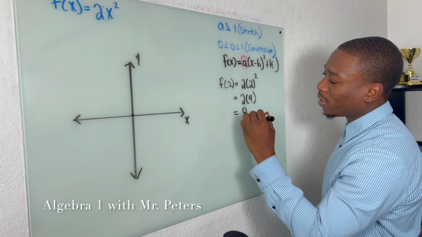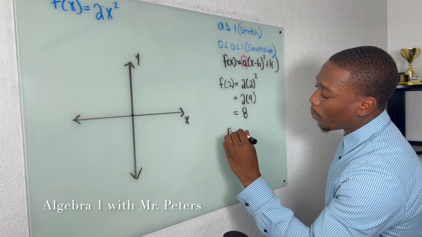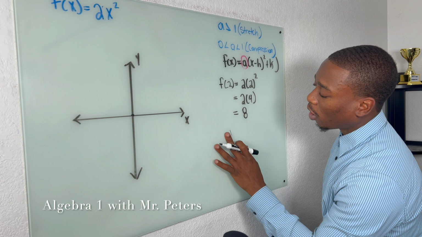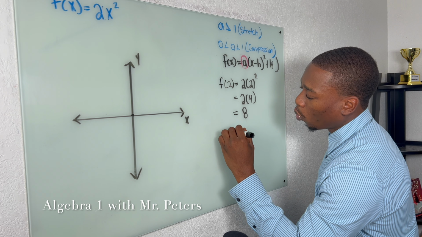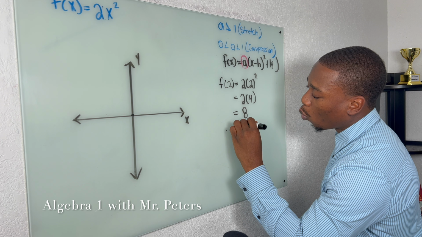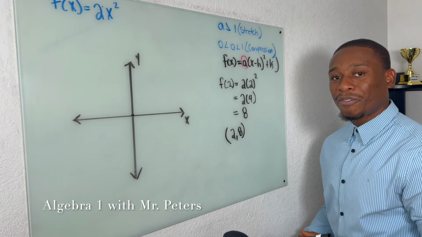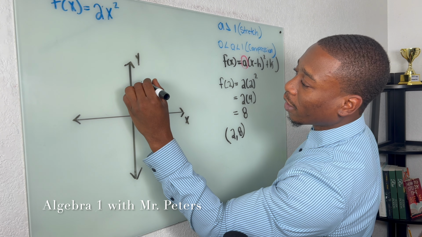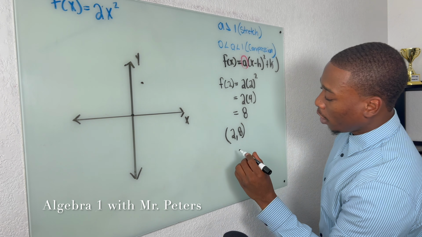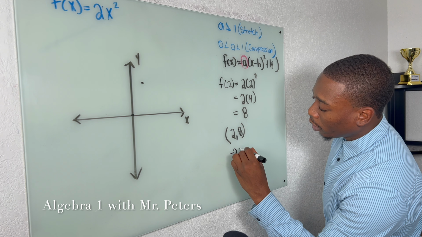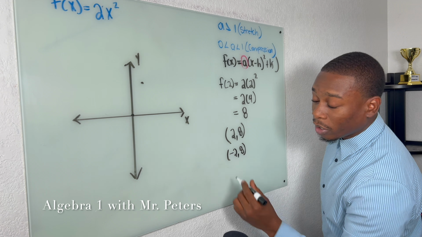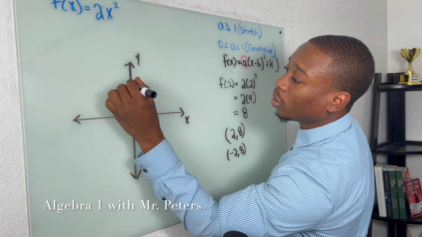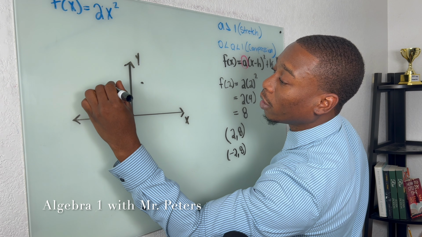We're going to get 8 as an answer. So if you remember compared to the last problem, we now notice that the y values are climbing a lot faster. So this graph is going to be narrower. So let's say that right here is 2, 8, and we know we have another point that is identical to it on the other side of the axis of symmetry, which is negative 2, 8.